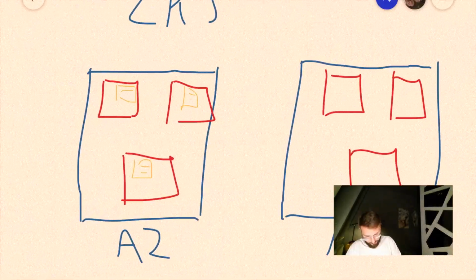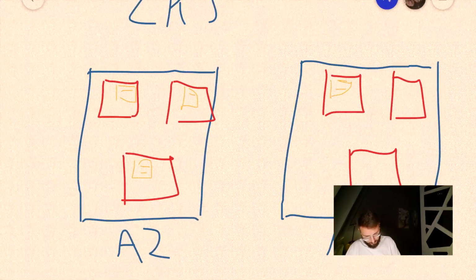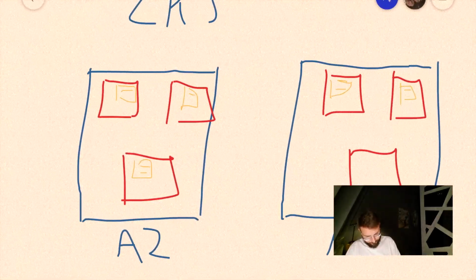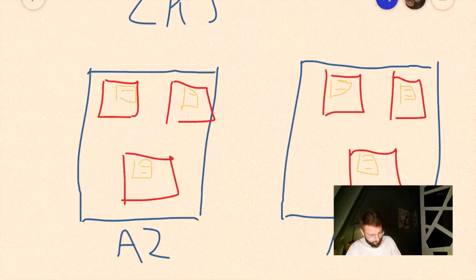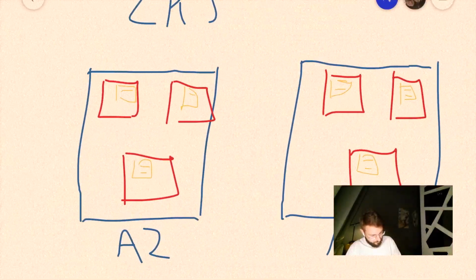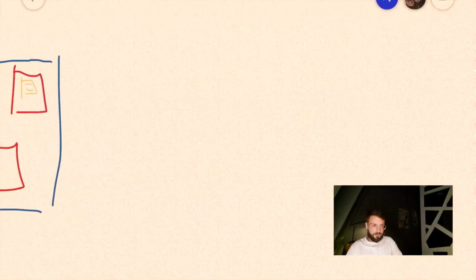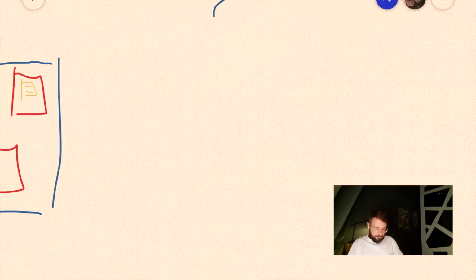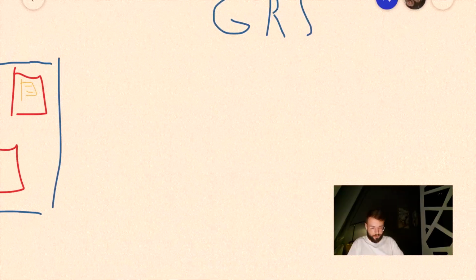And our data is stored in each AZ, and they are replicated between each other. So we have at least 6 copies of our data. Okay, but there are more.